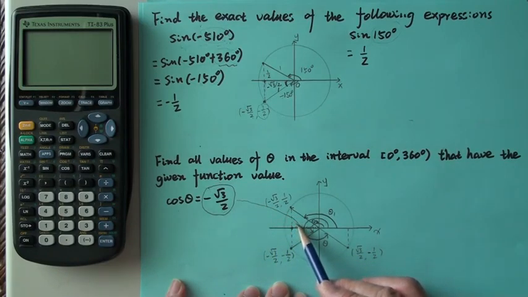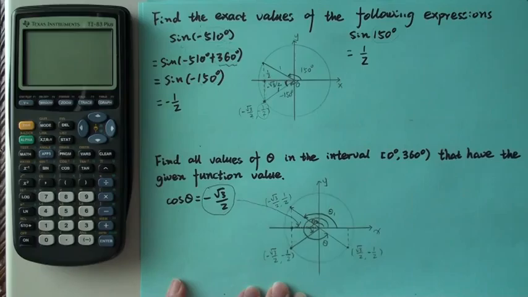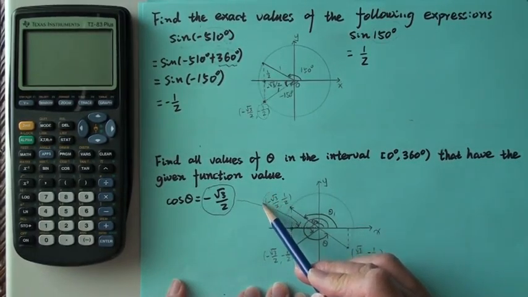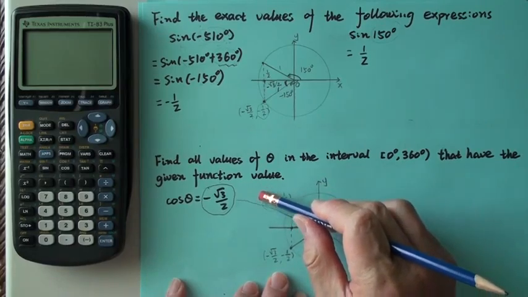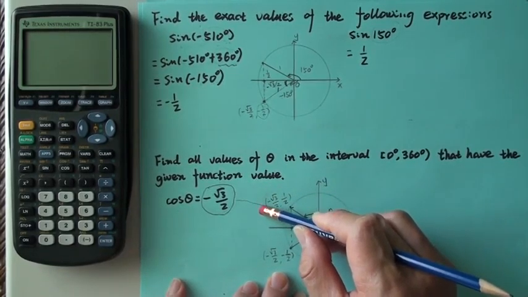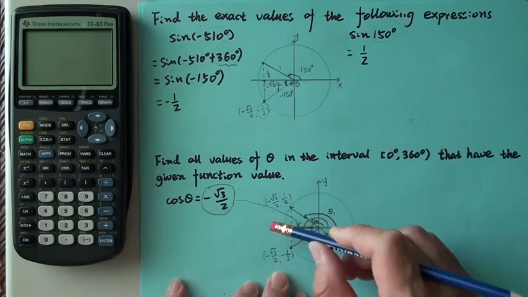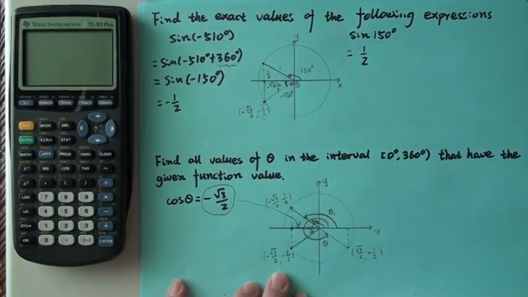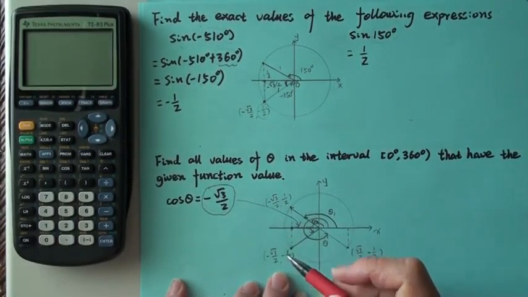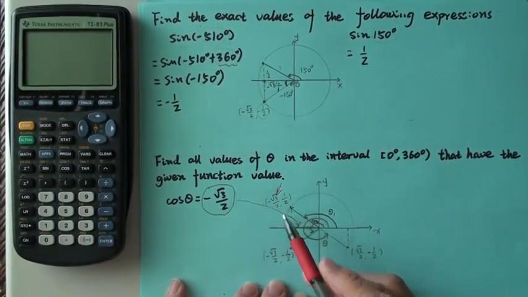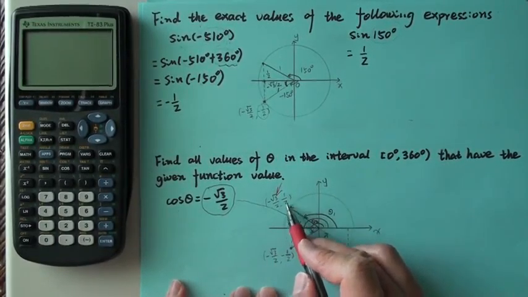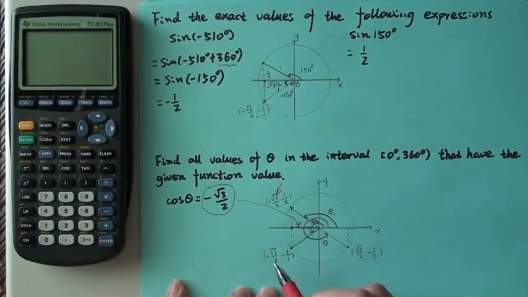I may want to mark in different colors. Here is negative radical 3/2 and positive 1/2, here is negative radical 3/2 and negative 1/2.